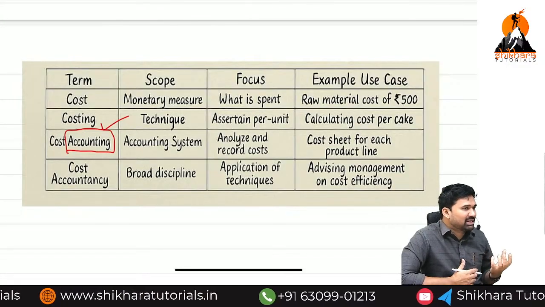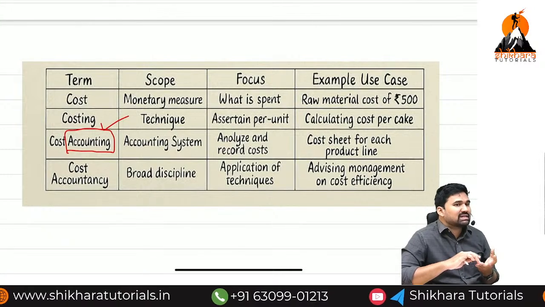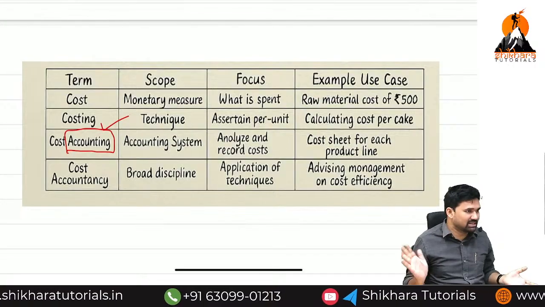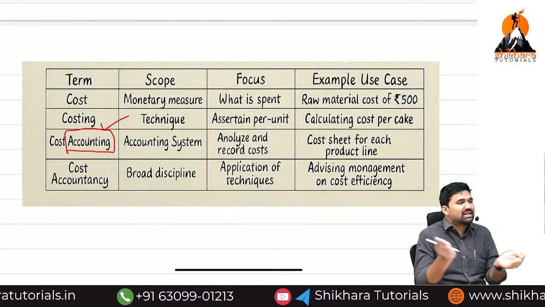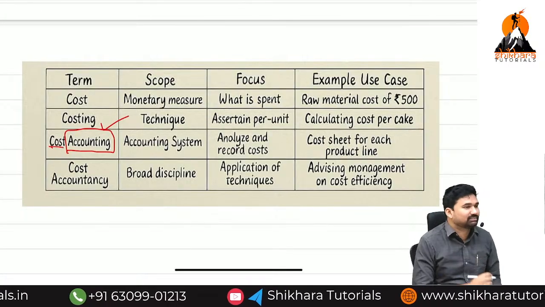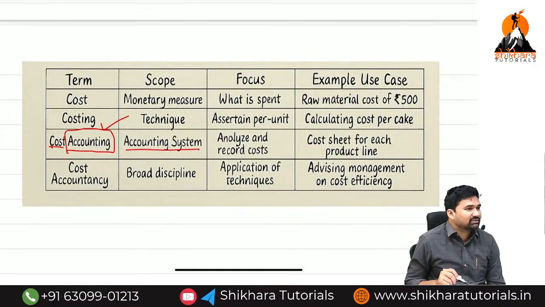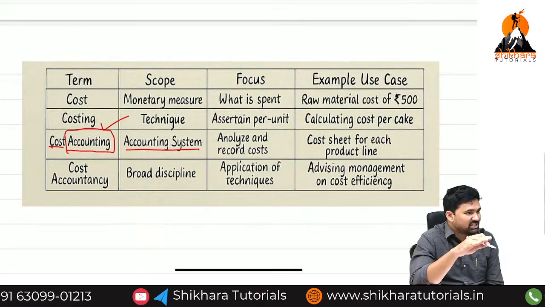So accounting is nothing but the process of recording, classifying, summarizing and interpreting the transactions. That is financial accounting. If you do the same thing with respect to costing matters, it is nothing but cost accounting. So cost accounting is an accounting system only, not a different system from your financial accounting.